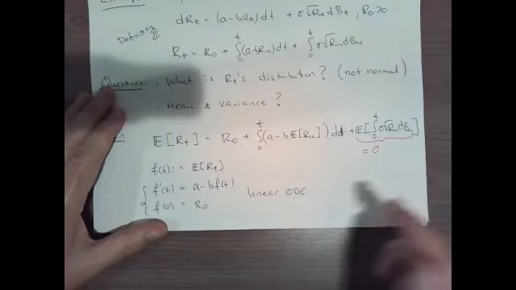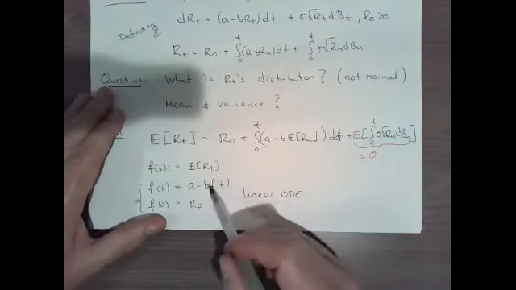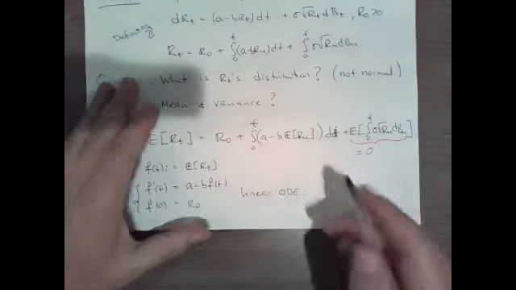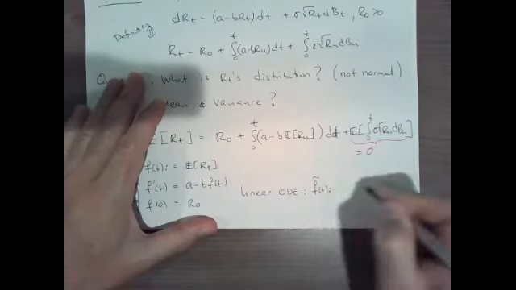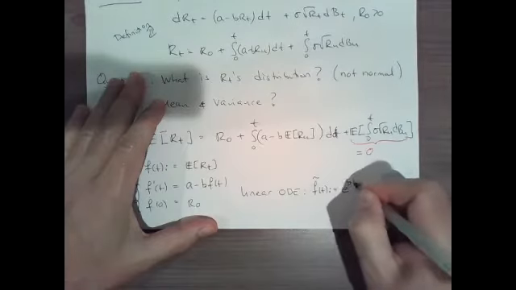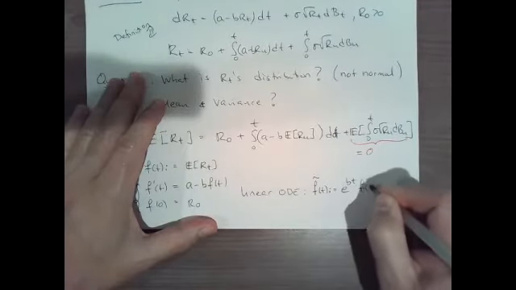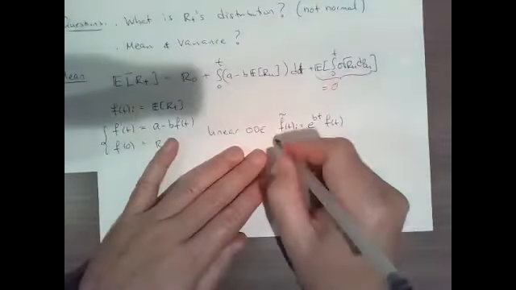Remember how to solve linear ODEs? You have to get rid of the term on the right-hand side, and the way you do that is by looking at f tilde of t, which is e to the bt times f of t. Then we compute the derivative of f tilde.